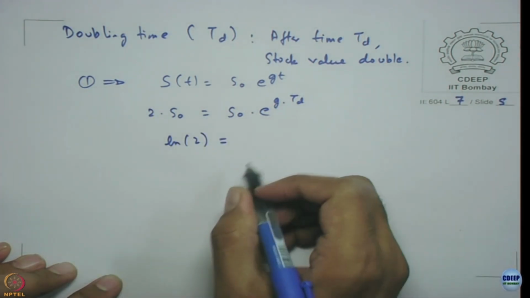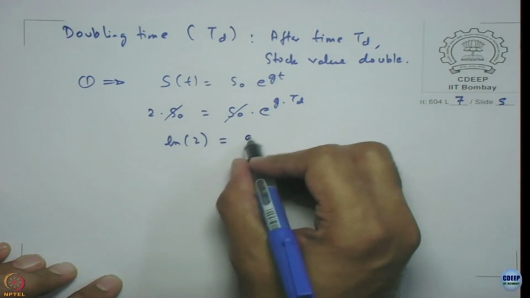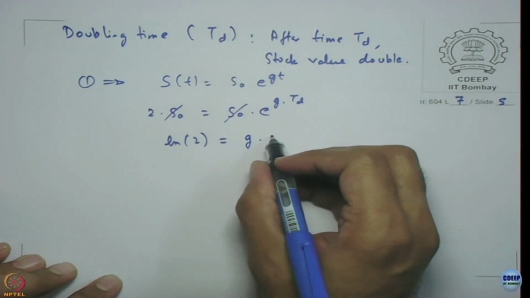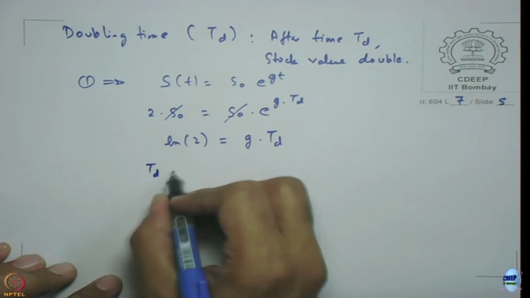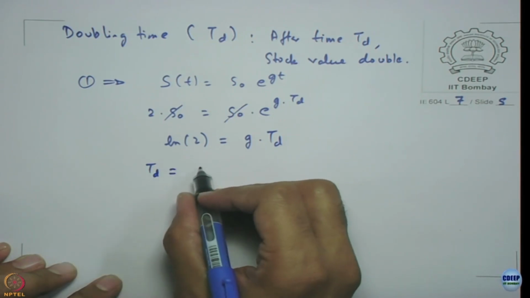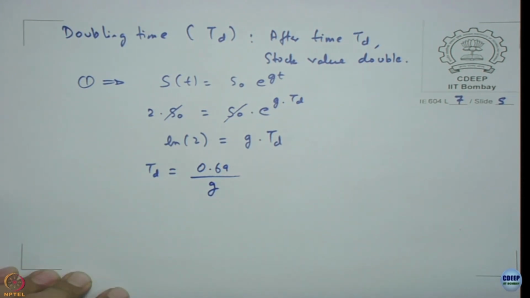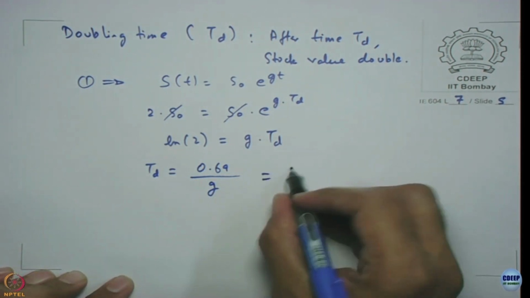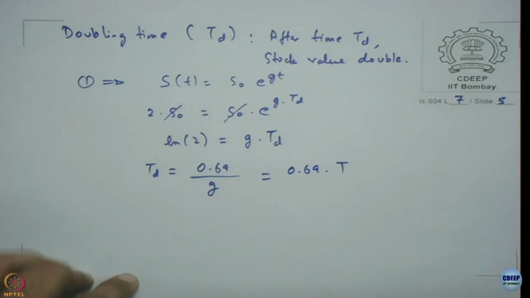I am cancelling S naught and taking the logarithm on both sides, g into Td, which means that Td is equal to 0.69 divided by g, or 0.69 into time constant capital T.